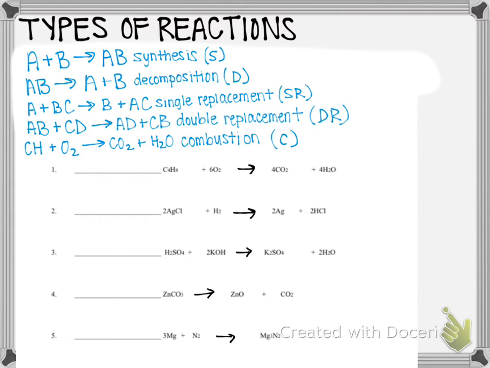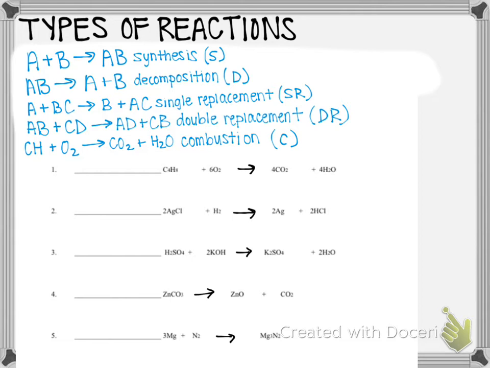The next section deals with types of reactions, and in your review you have to do type and predict the product. So first we're just going to look at the types. You can have synthesis, and that's where you take 2 separate parts and you make 1 compound or 1 product. Decomposition is the opposite, so you start with one compound and you break it apart.